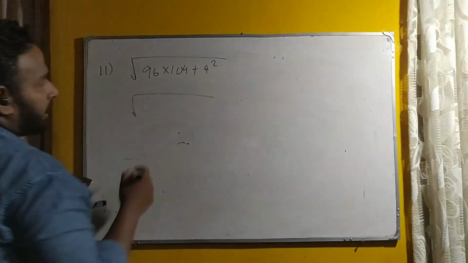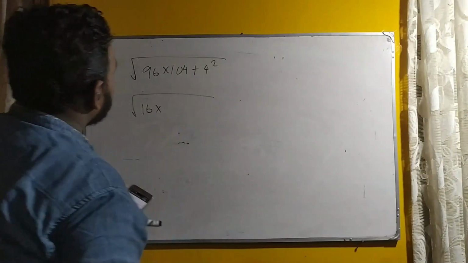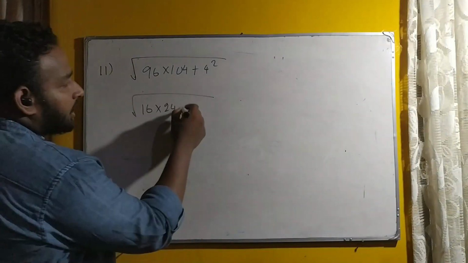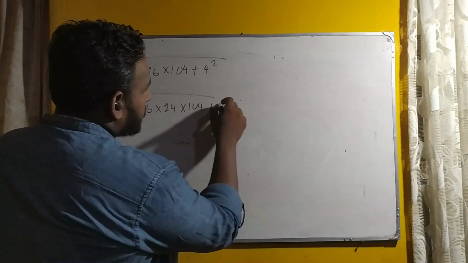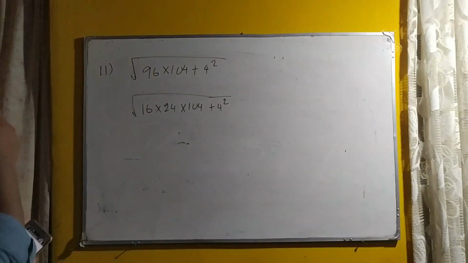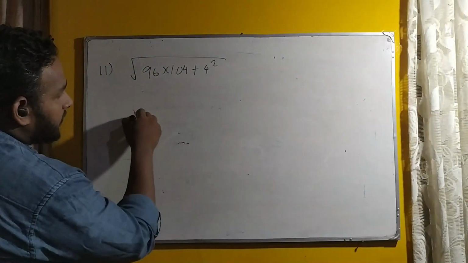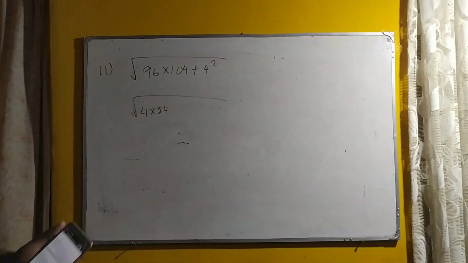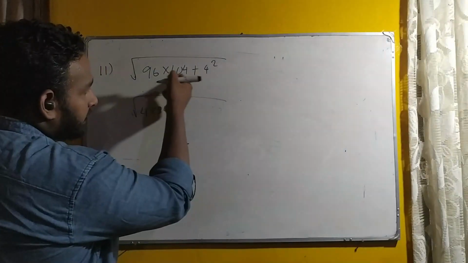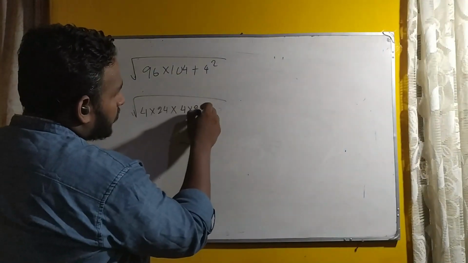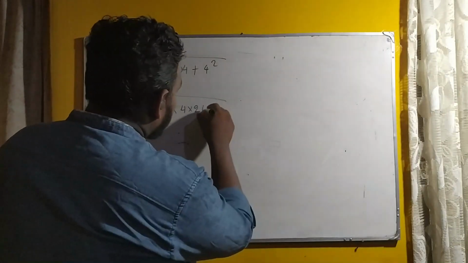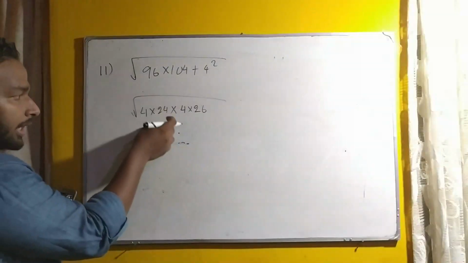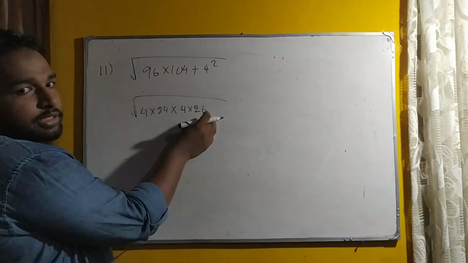So 96, how can I write? 96 is 4 into 24, and 104 I can write as 4 into 26.